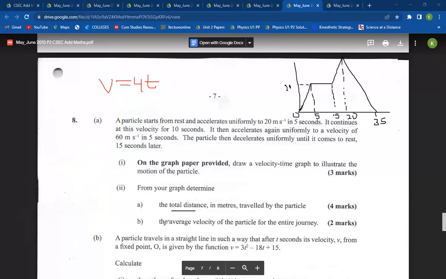Okay. B. Average velocity. Can anybody tell me what's the formula to find average velocity? It was one of the formulae you were required to know.